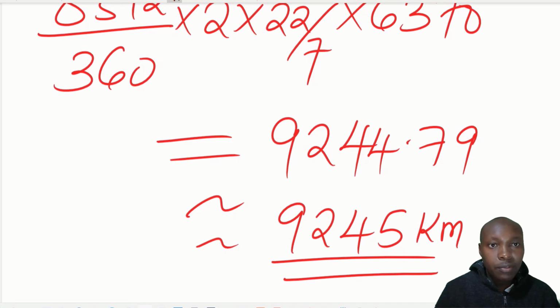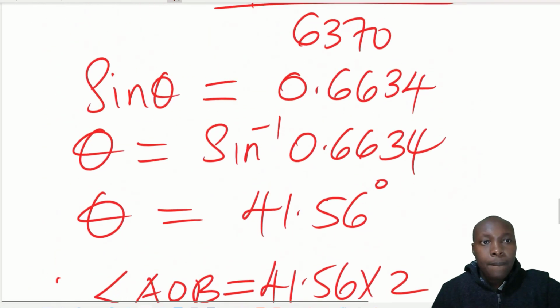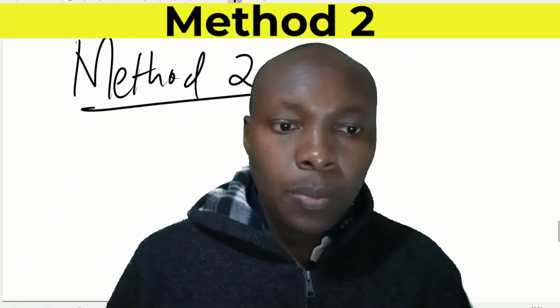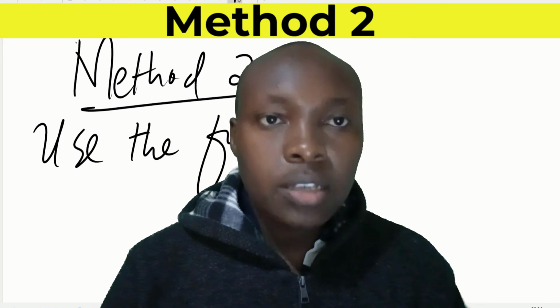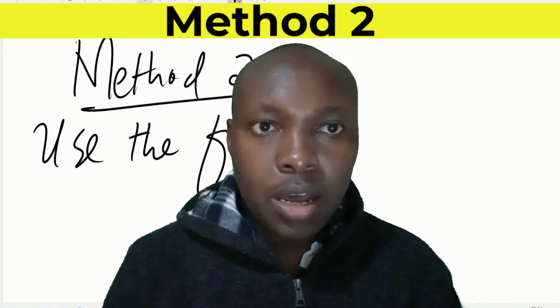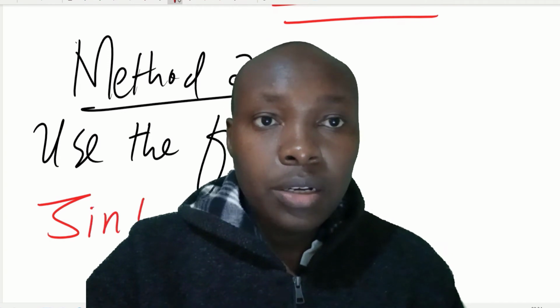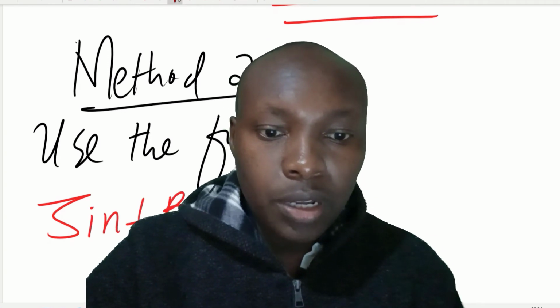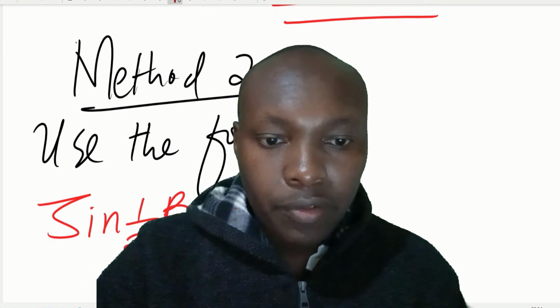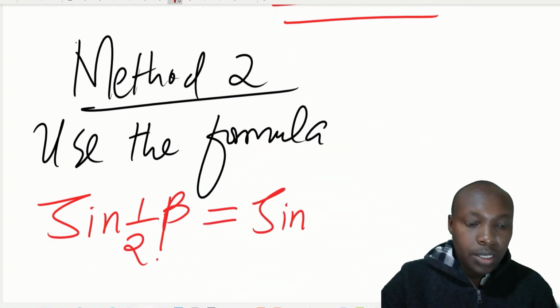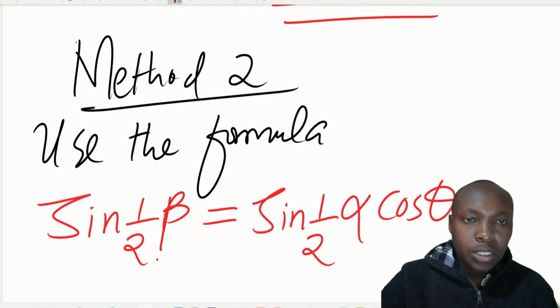Now we still have another method. So method 2, we shall use a certain formula, and this one is the shortest possible way to get the same distance along the great circle. And this formula goes like this: sine of half beta is equal to sine of half alpha multiplied by cosine of theta.